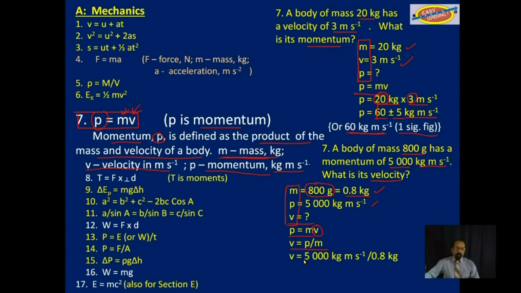You substitute those values, 5,000 kilogram meters per second, divide by 0.8 kilograms, and we get 6,250 meters per second. However, remember we are dealing with significant figures. This is one significant figure. Mass is one significant figure. Momentum is one significant figure. So our answer can only have one significant figure, which is that 6.